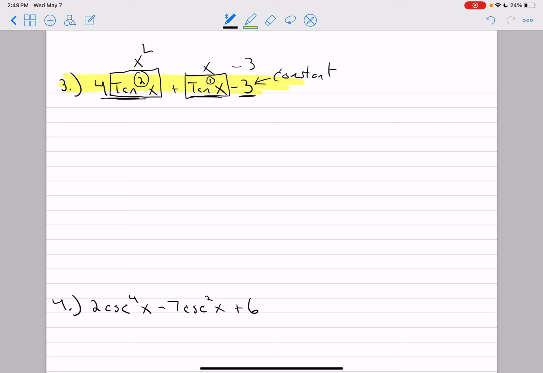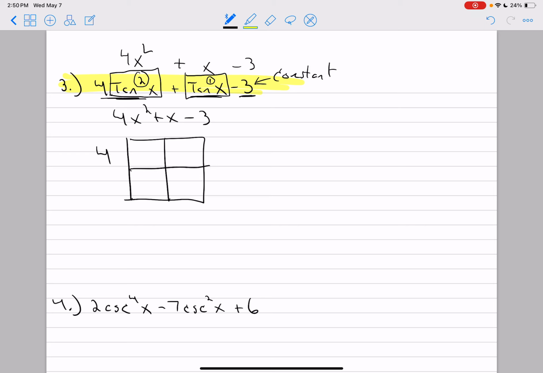And this is minus 3. So this is really like 4x squared plus x minus 3. That's all we're doing. We're factoring it like it said that. We just basically took the tangent part out of it. So if I was going to factor 4x squared plus x minus 3, we did this for years.